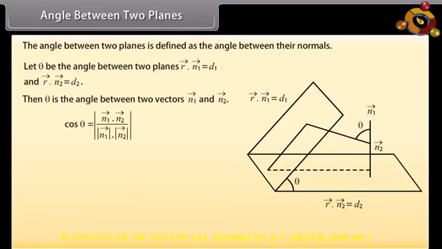cos theta equals the modulus of the dot product of vector n1 and vector n2 divided by the modulus of vector n1 times the modulus of vector n2.